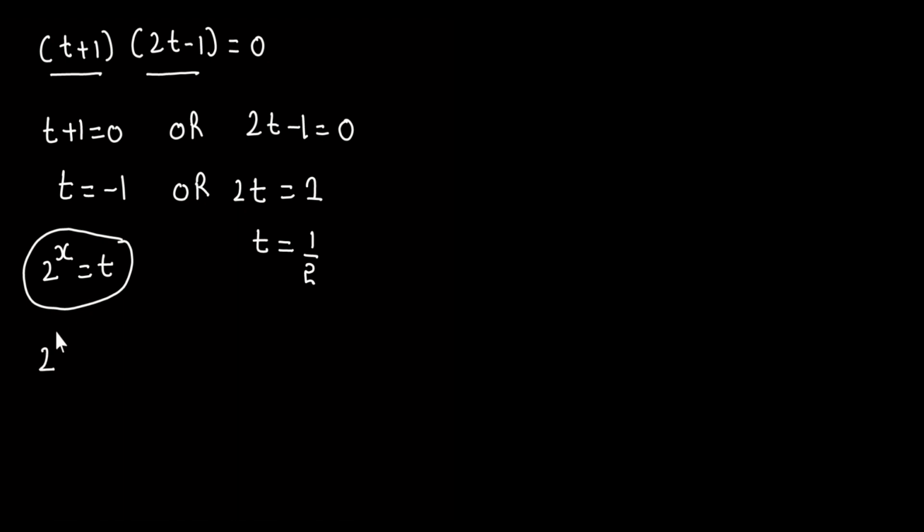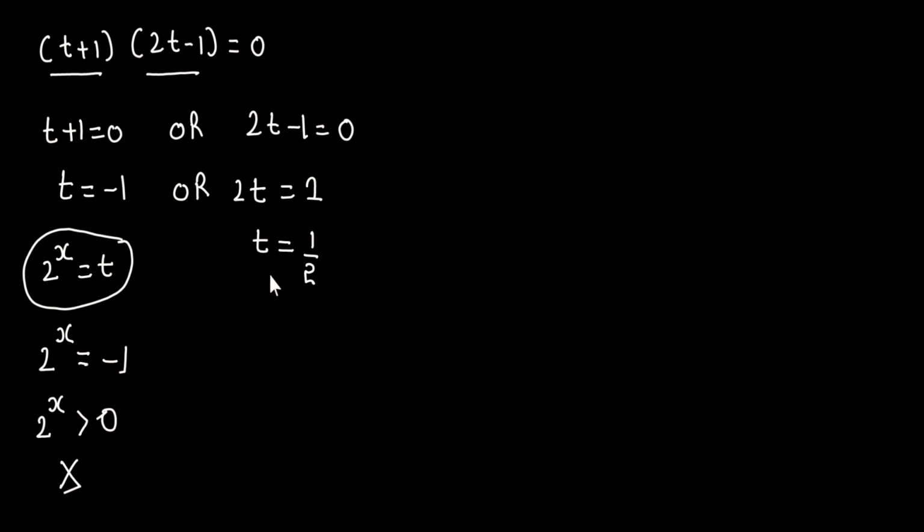So 2 raised to power x comes out to be minus 1. Can you find a value of x such that 2 raised to power x comes out to be minus 1? No, because the range of 2 raised to power x is always greater than 0. So this is not possible.